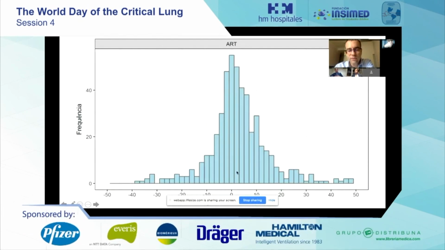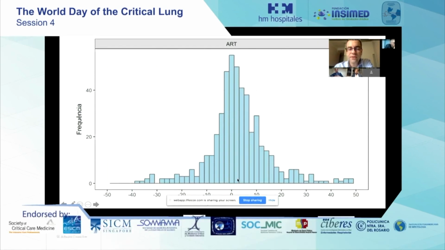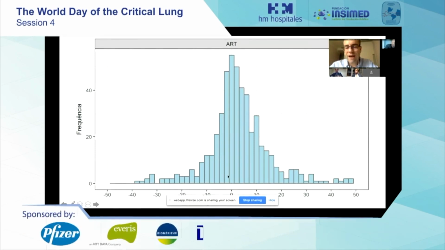In fact, what we found in our study, in this figure here, is the change in static compliance of the respiratory system after recruitment maneuver and titrated PEEP. You can see that on average, static compliance changed very little. It was on average 3 mL per centimeter of water higher, with high variability.